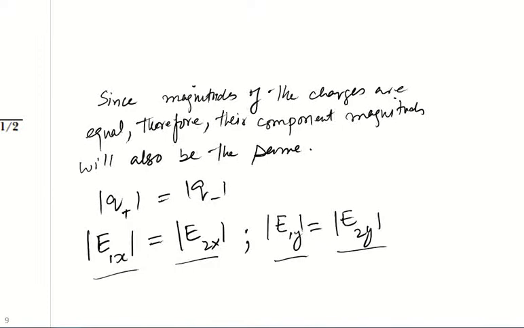So what will happen is that they will cancel one another. So these two cancel each other, so there will be no field.